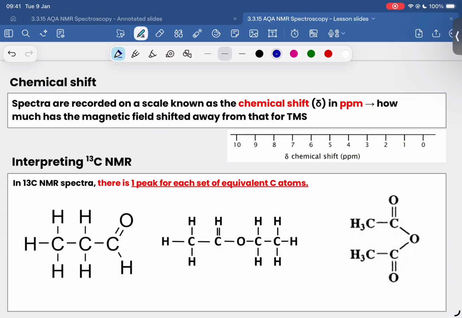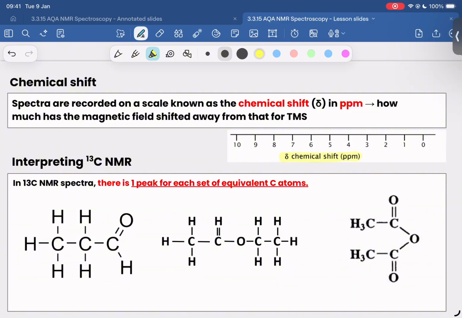Before we do that, just the last bit on chemical shift. I mentioned this briefly earlier, but when we look at chemical shift, we're basically looking at how much the magnetic field has shifted away from that of TMS.